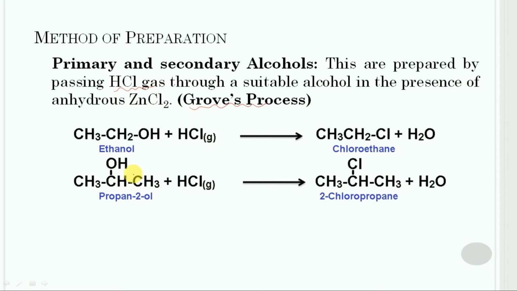In this case, ethanol is treated with hydrochloric acid gas in the presence of anhydrous zinc chloride, and chloroethane gets formed. Similarly, in the second case, propan-2-ol is again treated with hydrochloric acid in the presence of anhydrous zinc chloride, and 2-chloropropane gets formed.